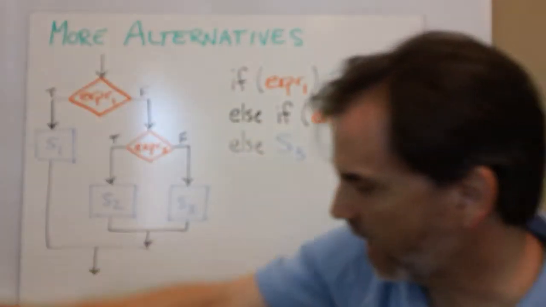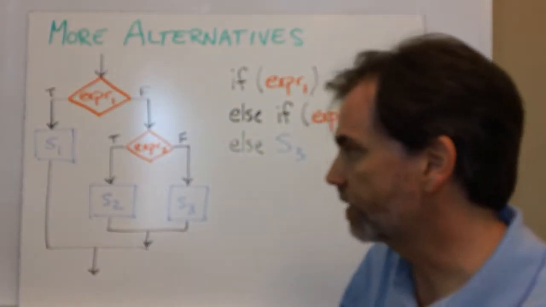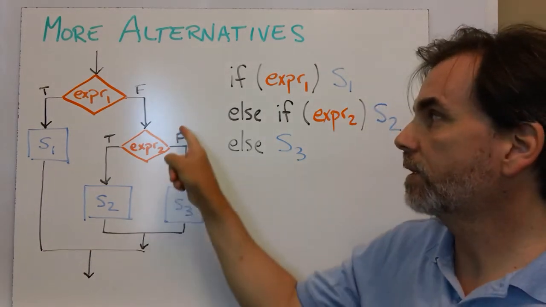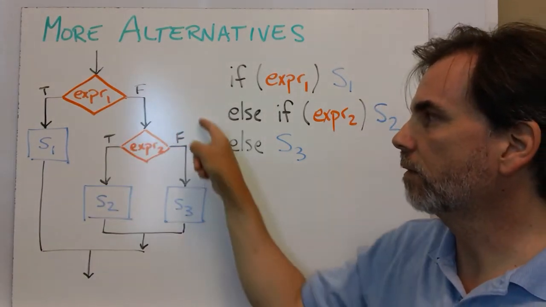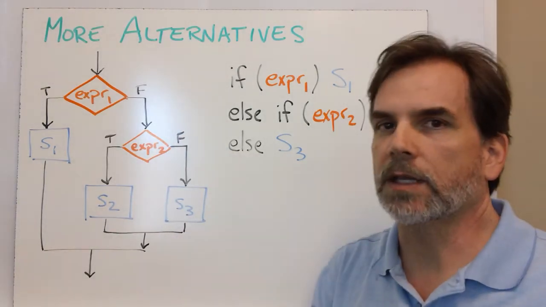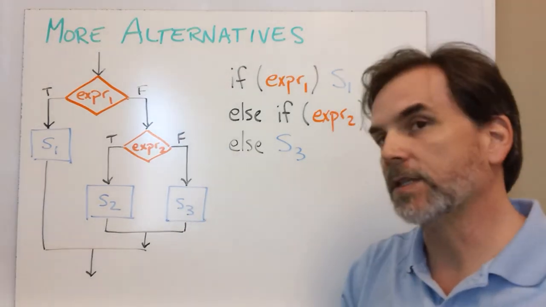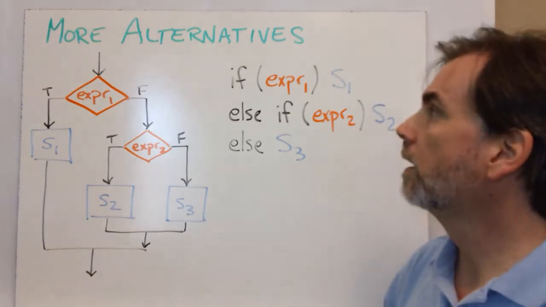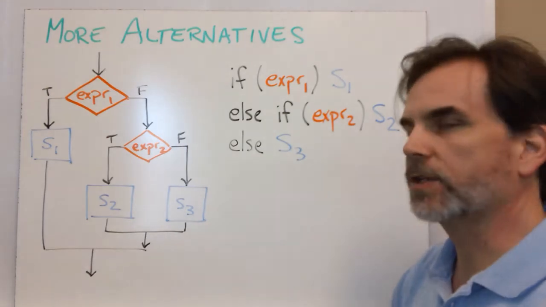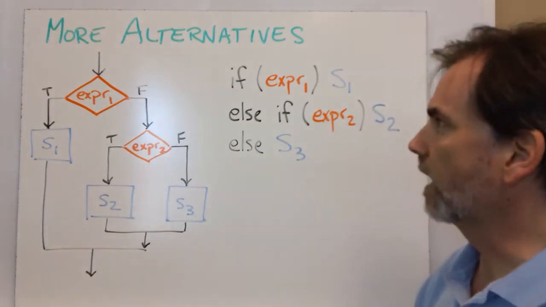Now what if I have more than two alternatives? Let's say I have three alternatives. Well, because the statement over here, remember this was S2 before, can be any statement, it could be an if statement. So I can have these cascading if statements. This isn't new syntax, but this is a special case that C supports directly.